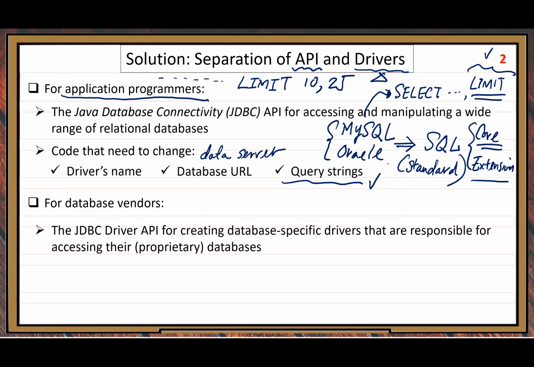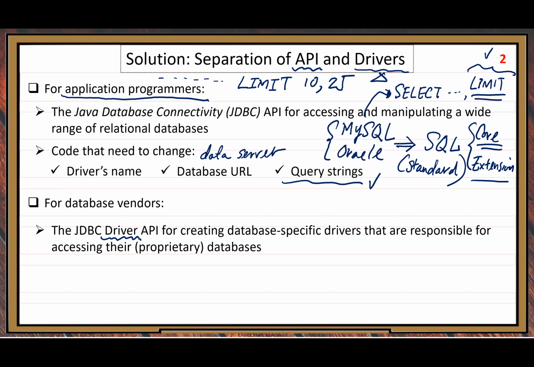So the JDBC Driver API is for creating drivers. Here, the vendors need to use a different API, the driver API, for creating database-specific drivers that are responsible for accessing their proprietary databases.